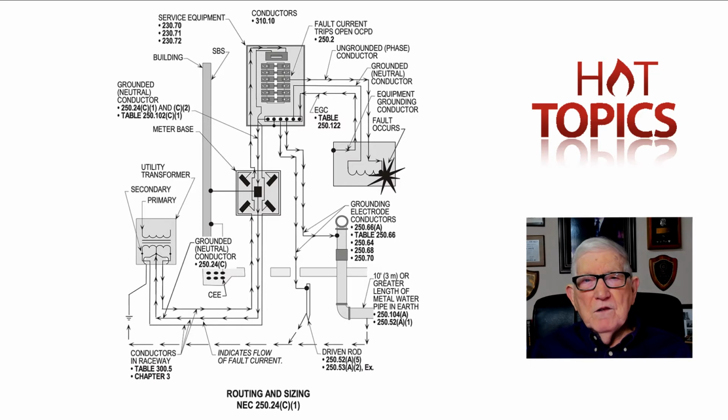As a young designer, I made that mistake at a welding shop. I just sized that neutral for the calculated load and was going to just do that. And that was 220-22 in those days.